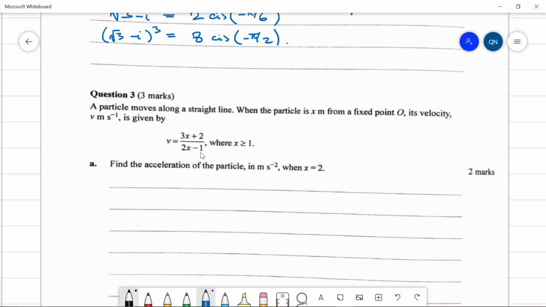So we have the velocity in terms of x, so we have v of x. And we want to find a of x when x equals 2. So there's a formula.